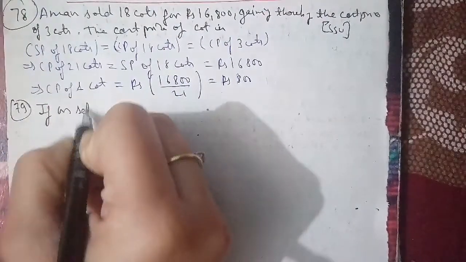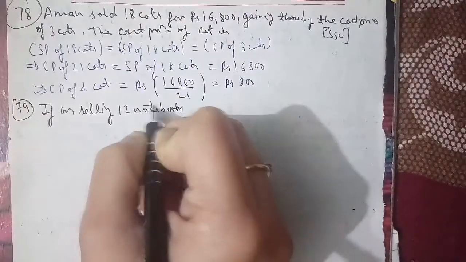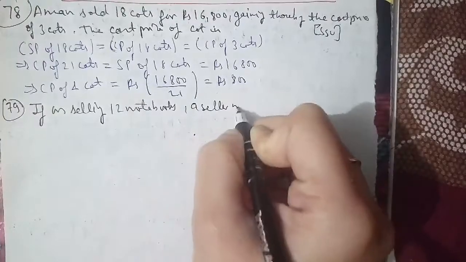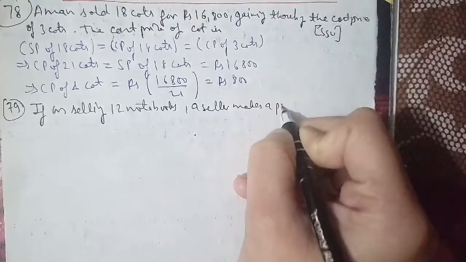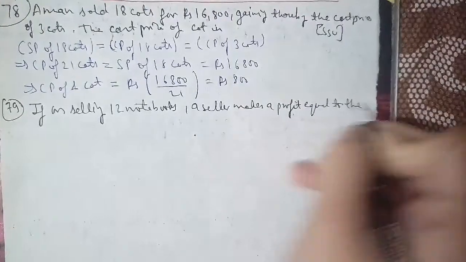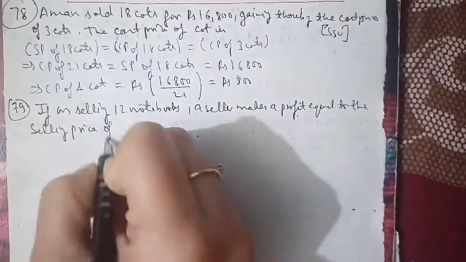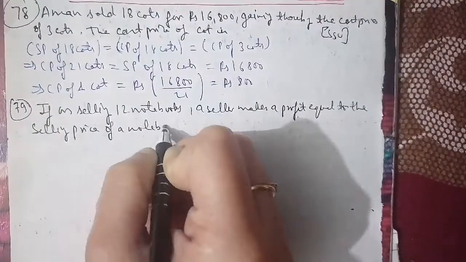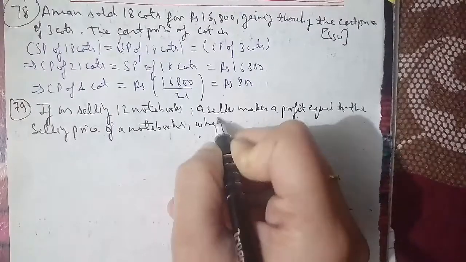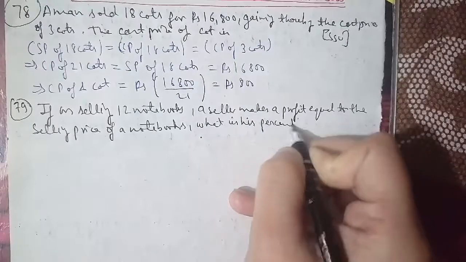If on selling 12 notebooks a seller makes a profit equal to the selling price of a notebook, what is his percent profit?